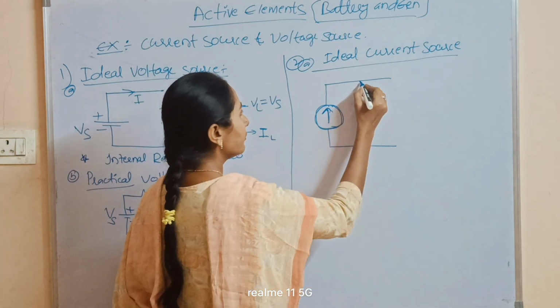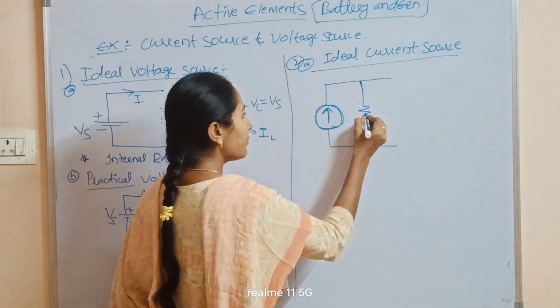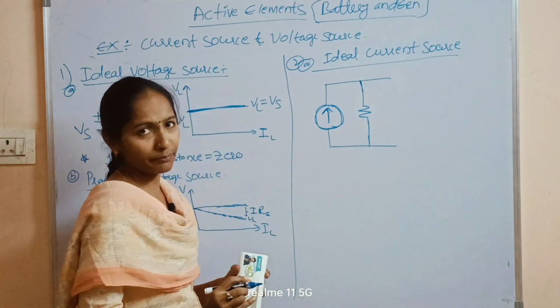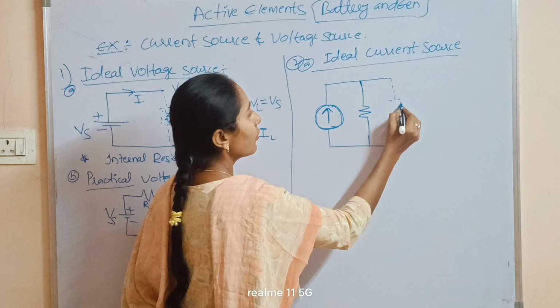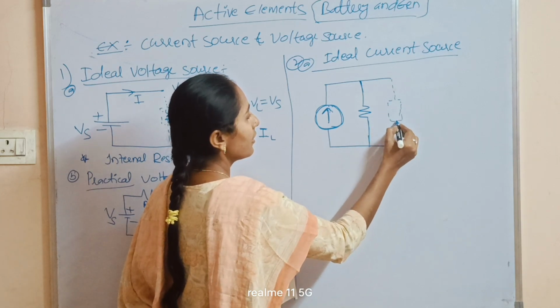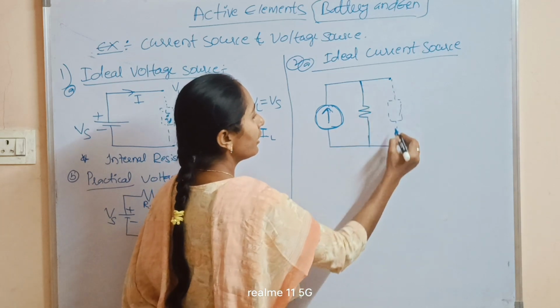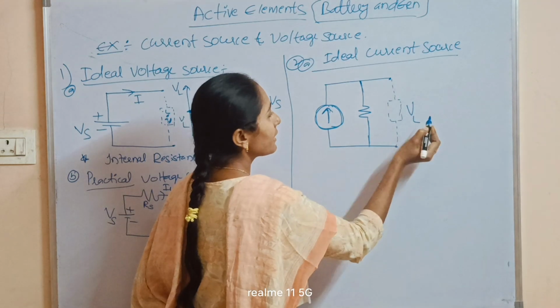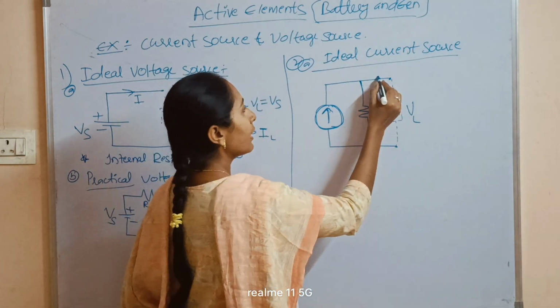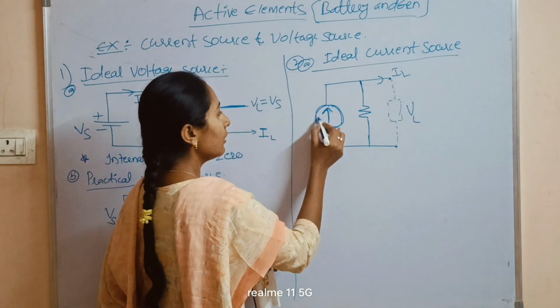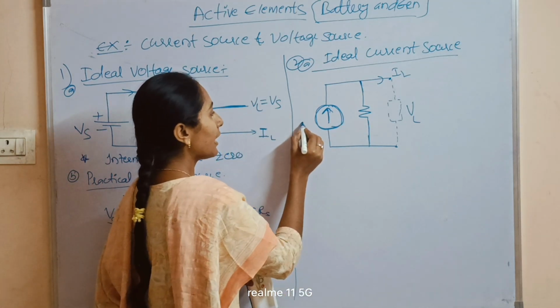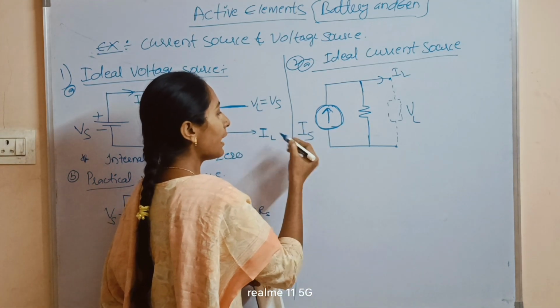So why am I considering a maximum amount of resistance here? Because this is the load terminal, this is the load. Here the load voltage is VL and the load current is IL. This is the main source, the current source represented by IS.